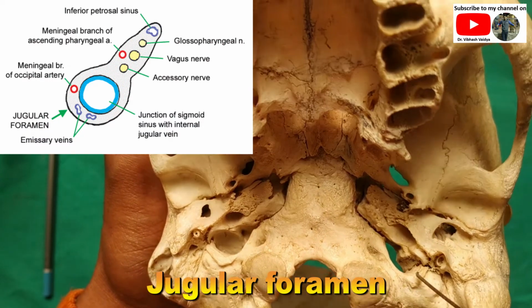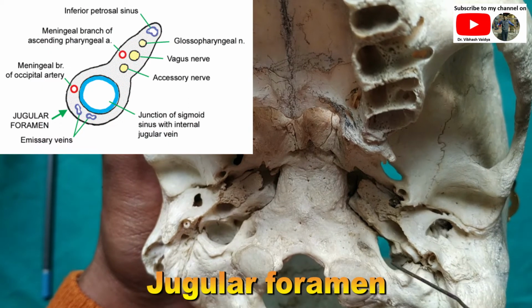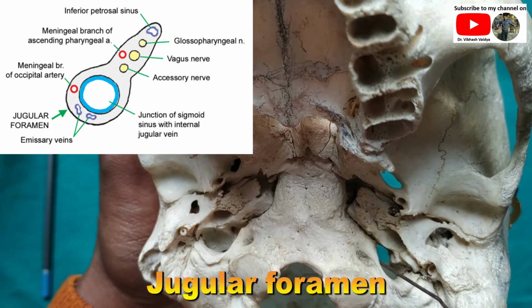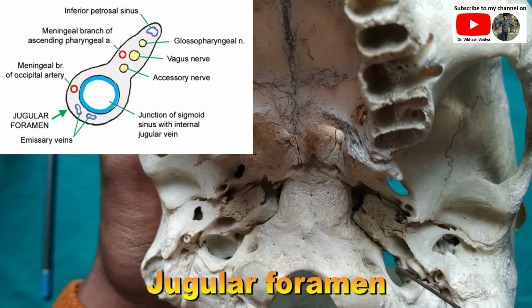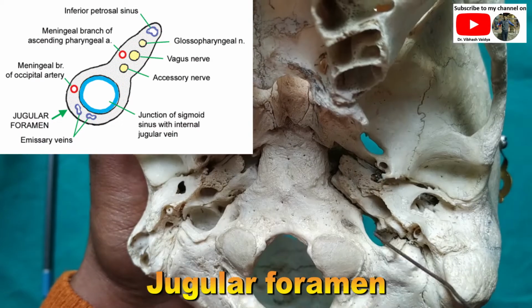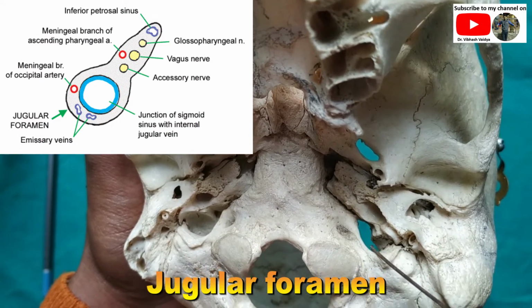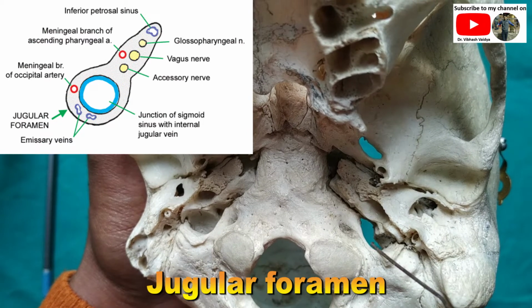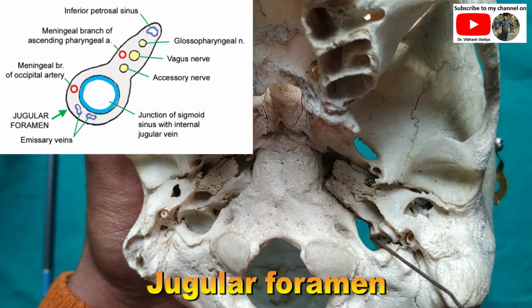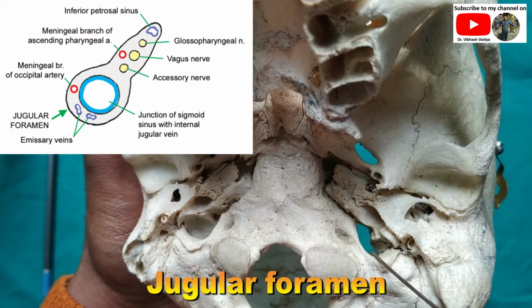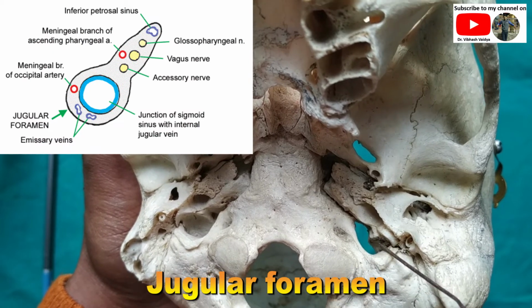Through the posterior part, we have the internal jugular vein and the meningeal branch of the occipital artery.